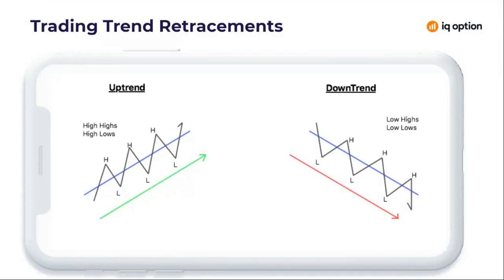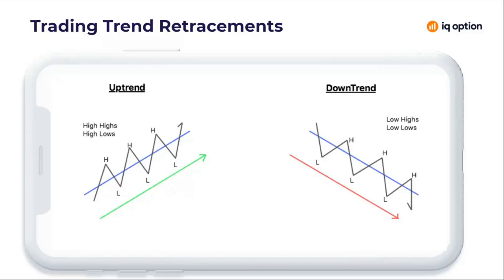So as you can see, taking the left side now, an uptrend ranges with high highs and high lows. What this means is that the next high point of the asset is higher than the previous high point. I hope that makes a bit of sense.